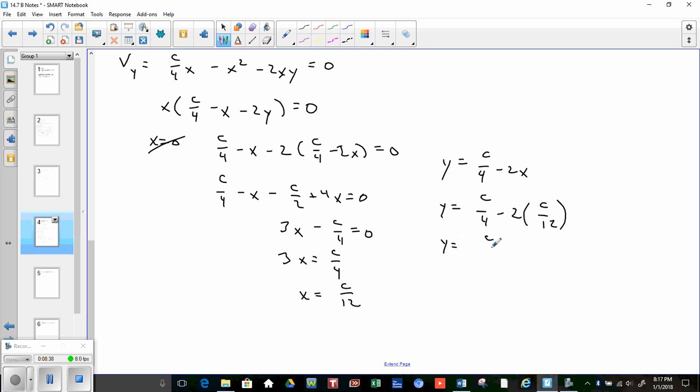So that's going to be c over 4. 2 over 12 is a 6, so we get minus c over 6. In terms of twelfths, multiplying by 3, so it's 3c over 12 minus 2c over 12, which is 1c over 12. And now we have x and we have y.